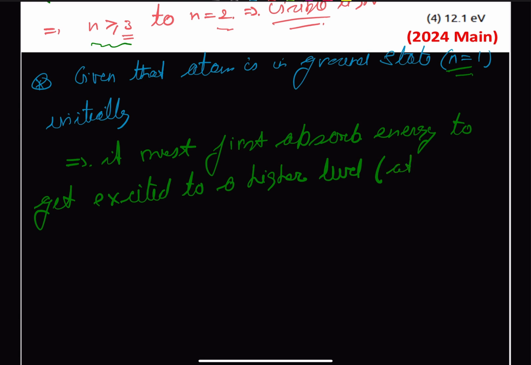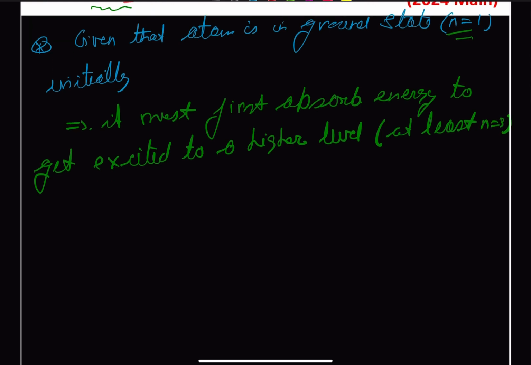So we can say at least n is equal to 3 before it can emit radiation.